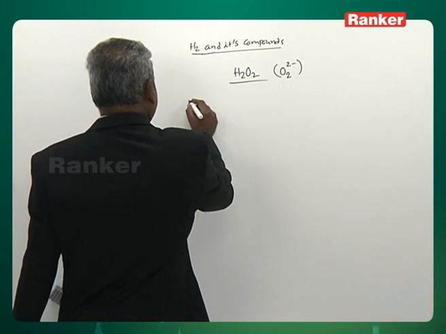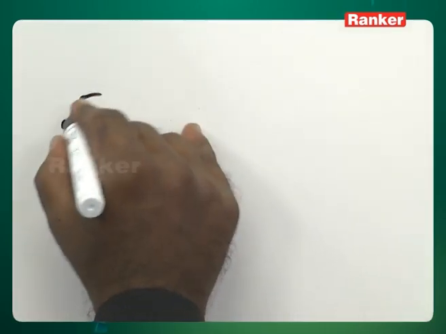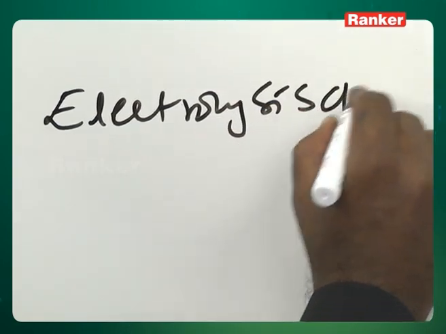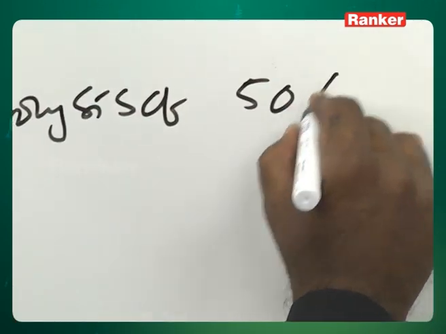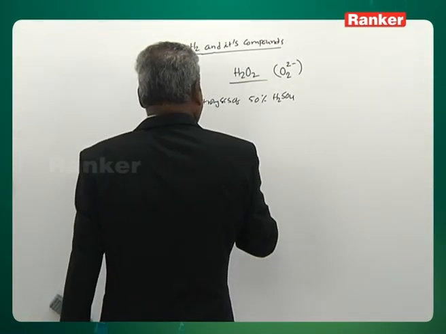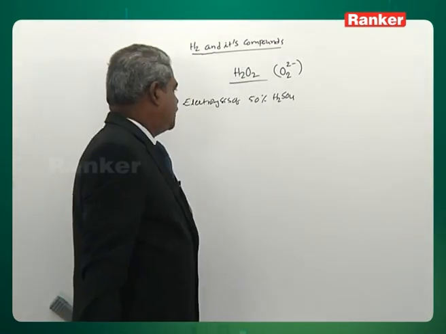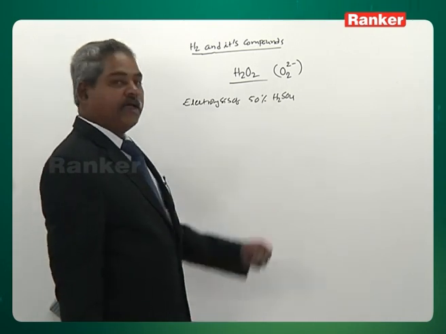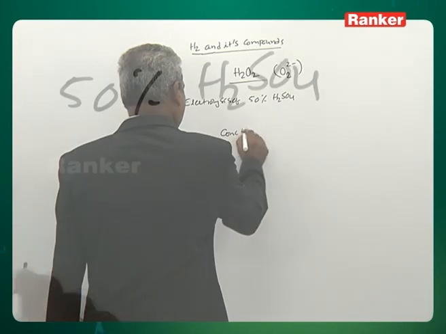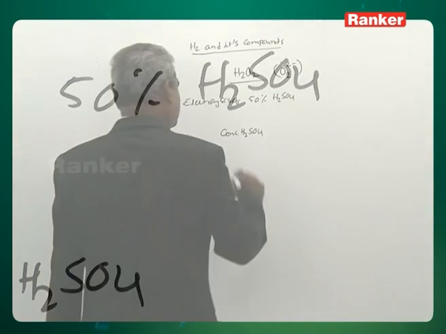Next, it can also be prepared by the electrolysis of 50% H2SO4. Electrolysis depends on the concentration of the electrolyte. Suppose you take concentrated H2SO4, what do you mean by concentrated H2SO4?